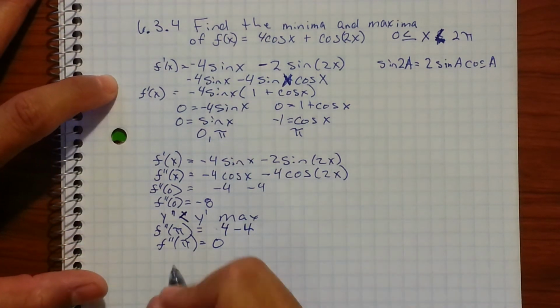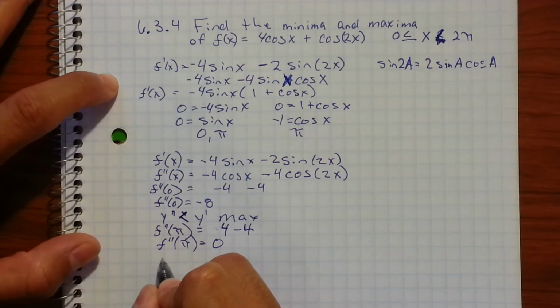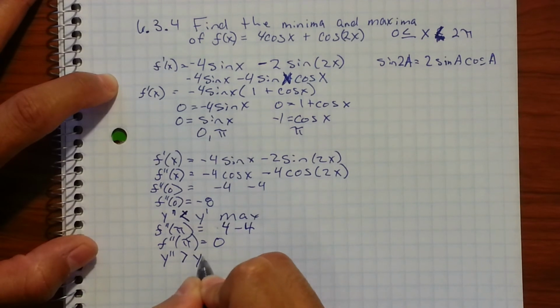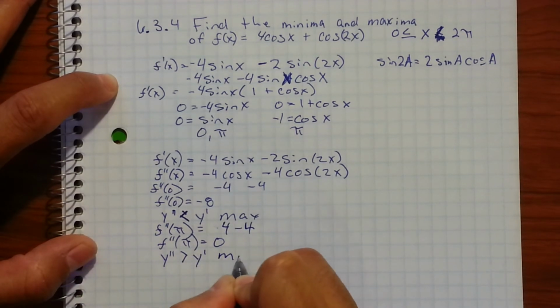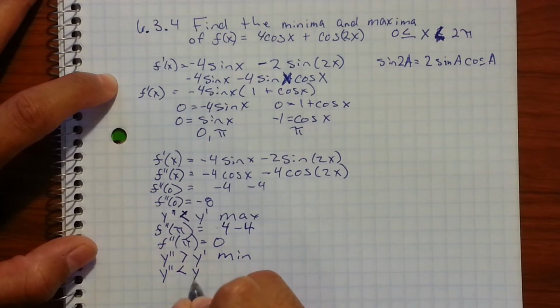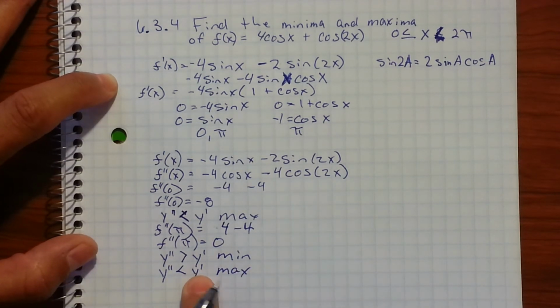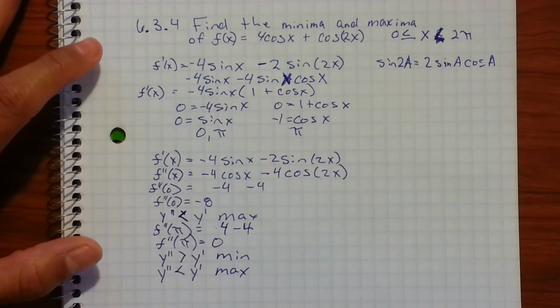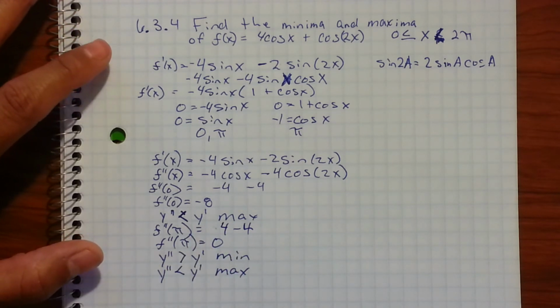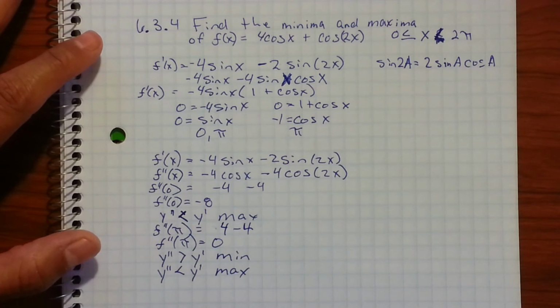Because my rules are that when f double prime is greater than 0, we get a min, and when f double prime is less than 0, we get a max. But right here, there's no equal sign, so it doesn't say what happens when it equals 0. So we need to try and figure out what this one's supposed to be. Now I need to look at a couple things.